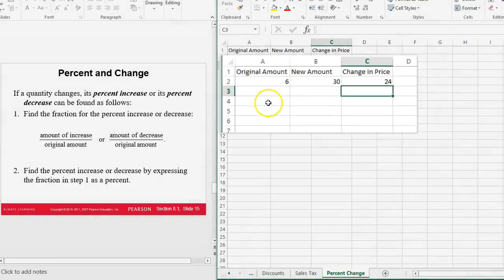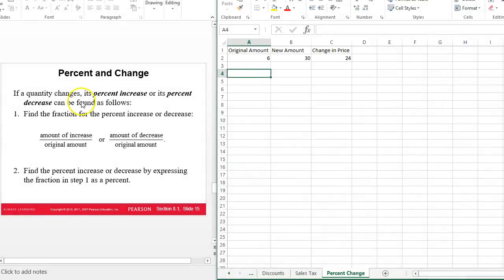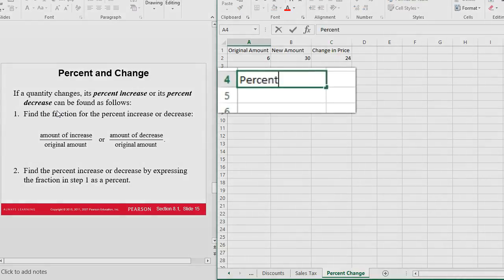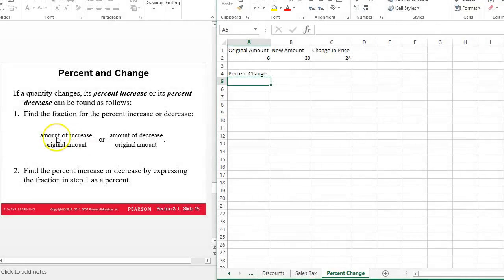Alright, now this is percent. The percent change is the change, which is the numerator, the change in price, whether it's an increase or a decrease, divided by the original amount, which is this. And then written as a percent, so we have to multiply by 100.